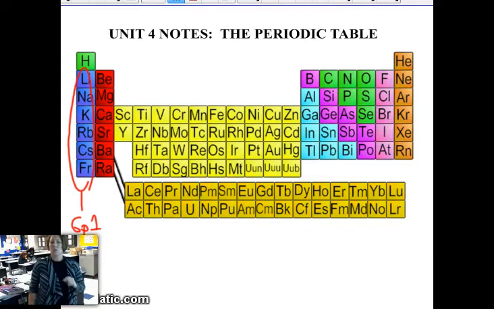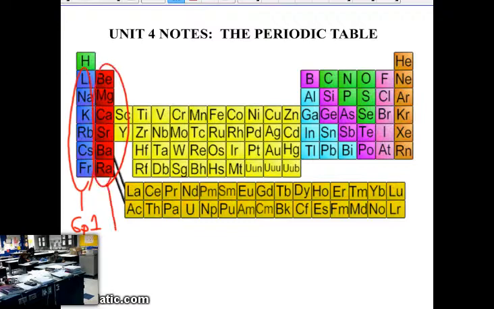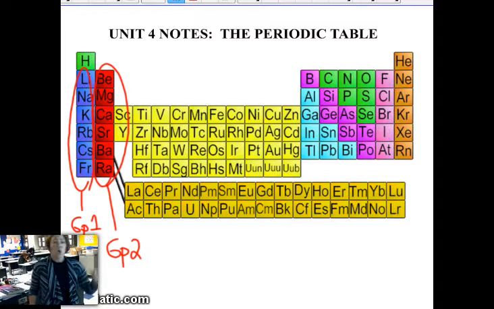Group 2, which is right here, those are known as your alkaline earth metals. So alkali metals has one word before metals, group 1. Alkaline earth has 2 words before metals, group 2.